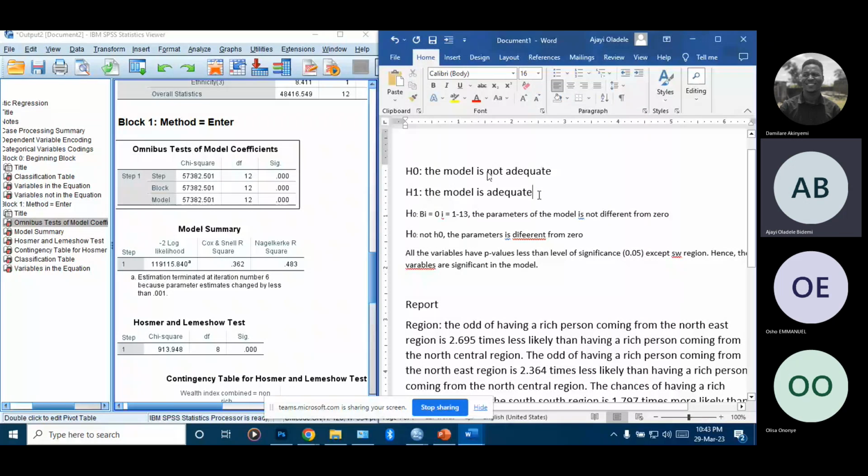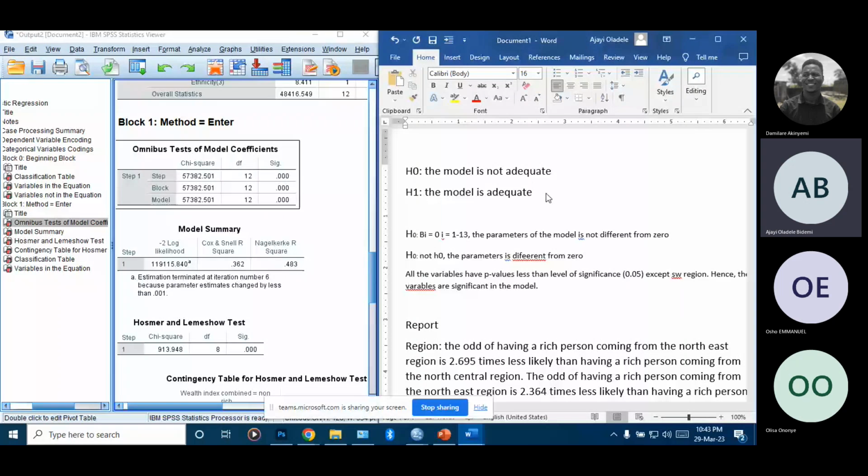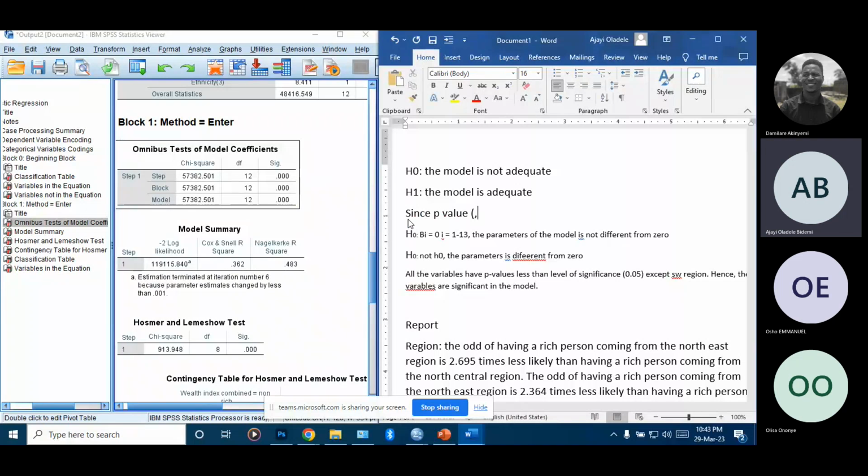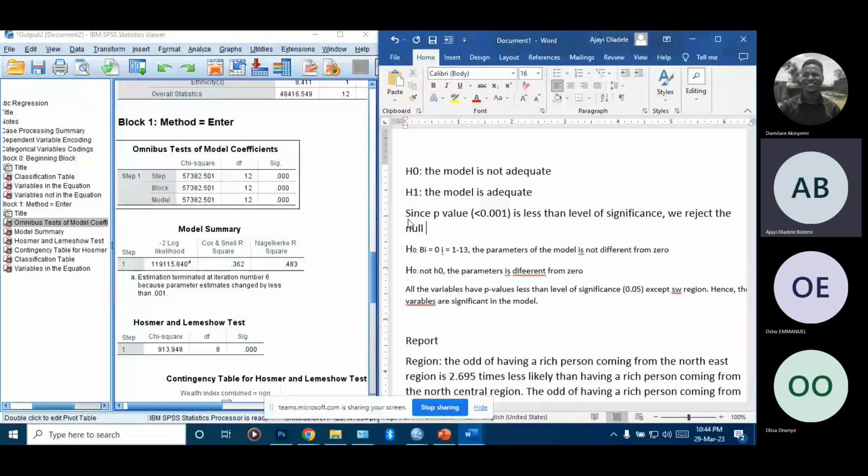You reject H0 if the p-value is less than alpha. So here, since the p-value, which is less than 0.001, is less than the level of significance, we reject the null hypothesis.